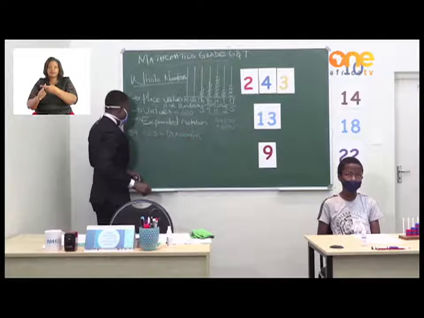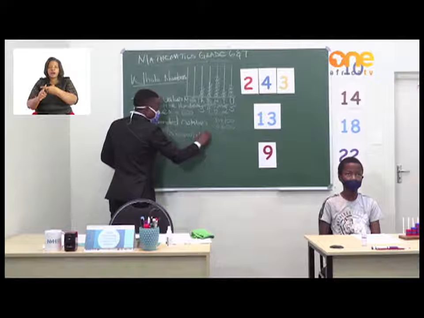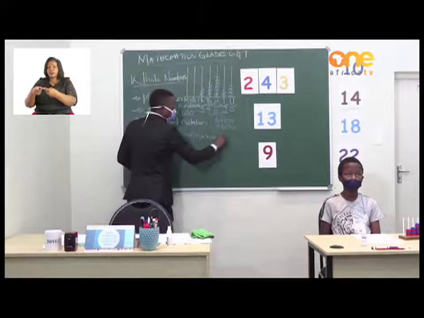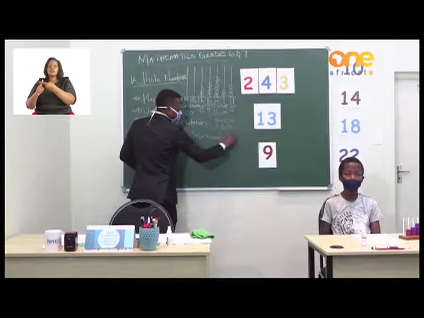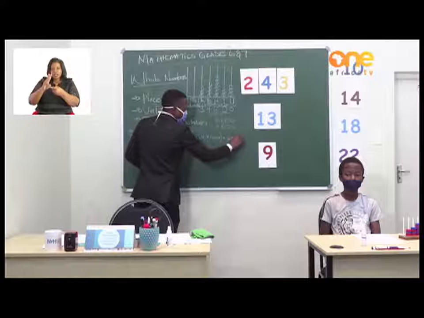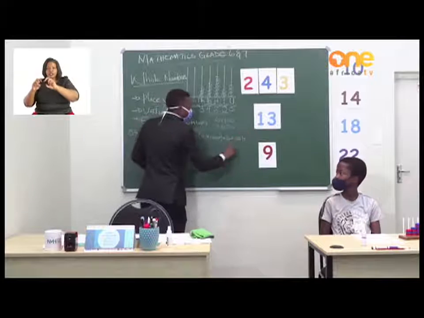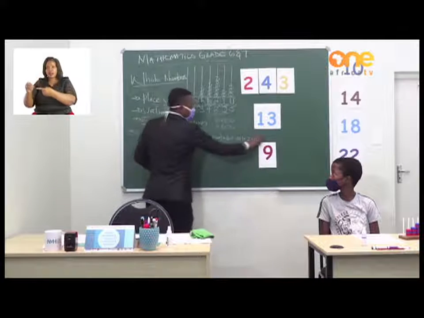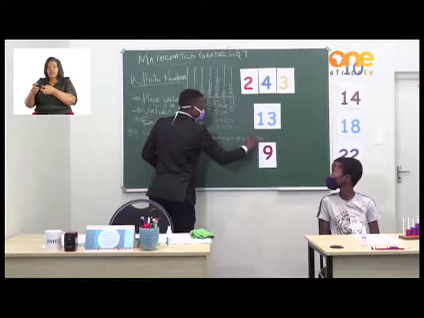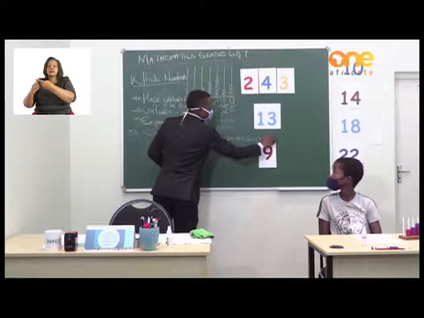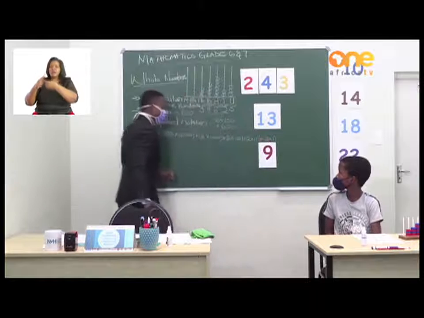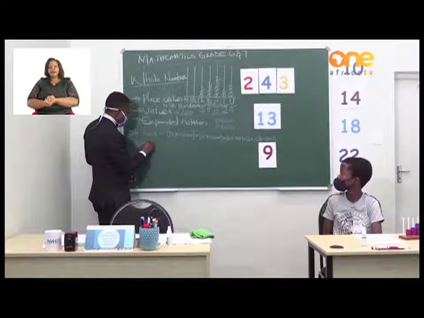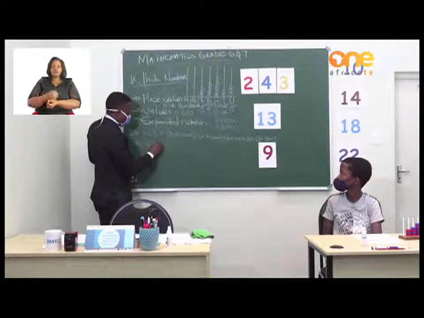You will understand the reason for this addition later. 4 times 1,000 plus 6 times 100 plus 2 times 10 plus 3 times 1. We have our 34,623.